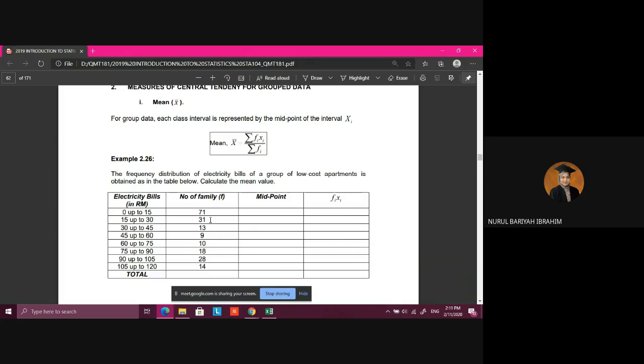So in order to use the formula of mean, which is summation of fx divided dengan summation of f, first of all we need to find the value of midpoint, which is the notationnya kat sini adalah small x.